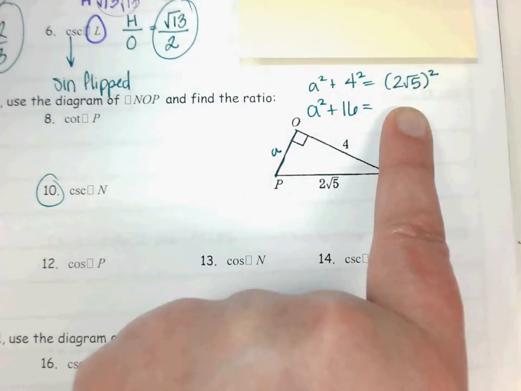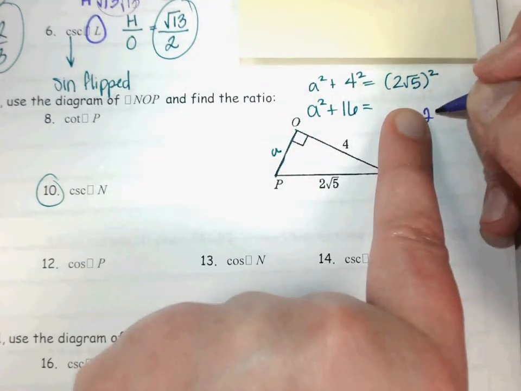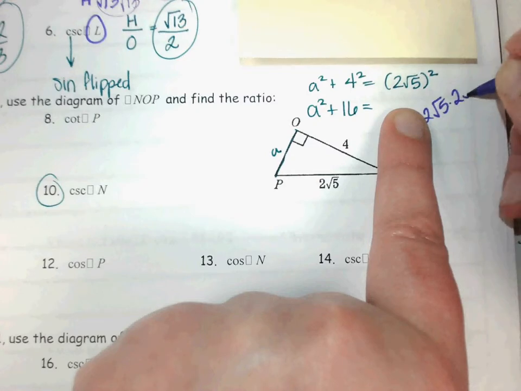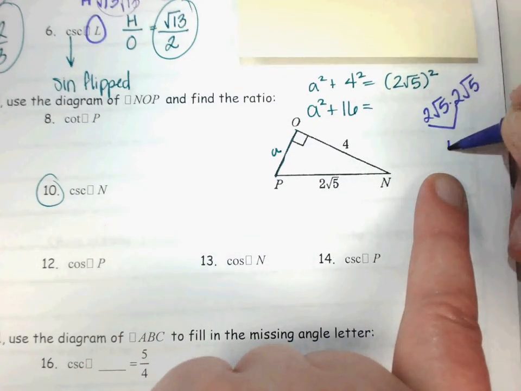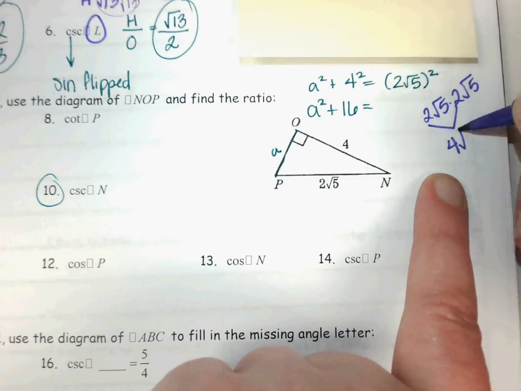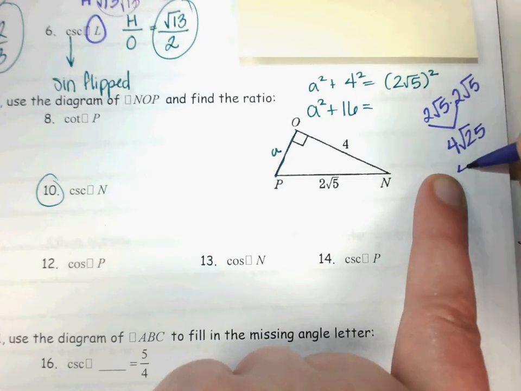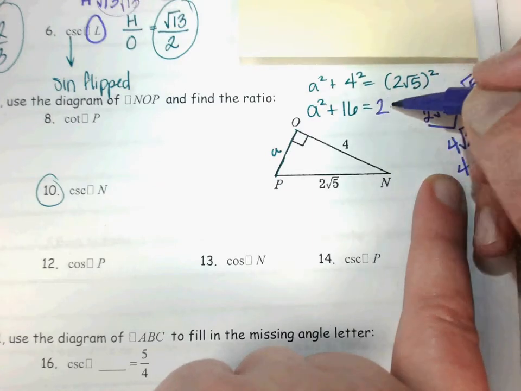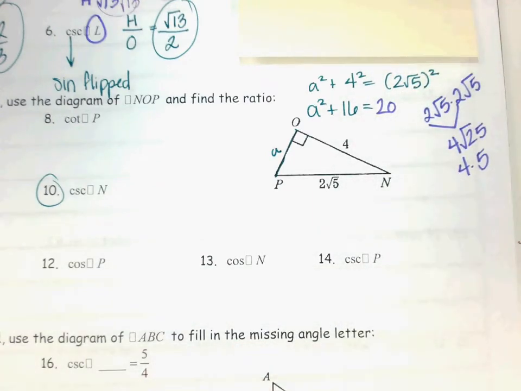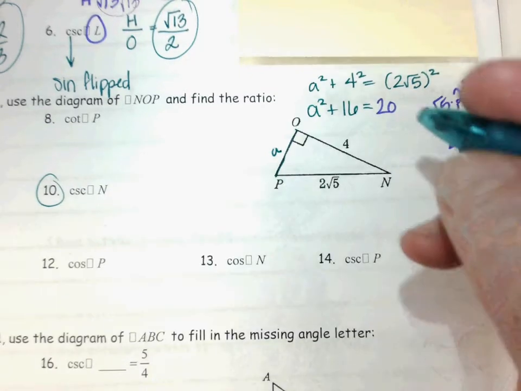Yes, you can do it like that, or you can think about that's 2 root 5 times 2 root 5 again. And then what's 2 times 2? What's root 5 times root 5? Root 25, which is 5. What's 4 times 5? 20. Then from there, I need a squared by itself. So I'm going to minus my 16 across.